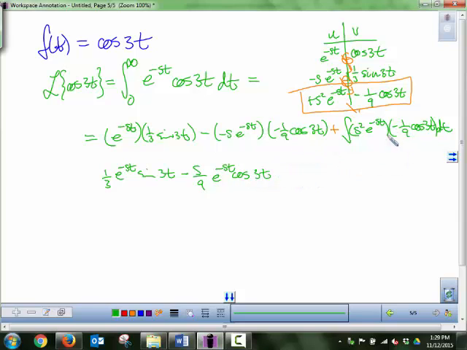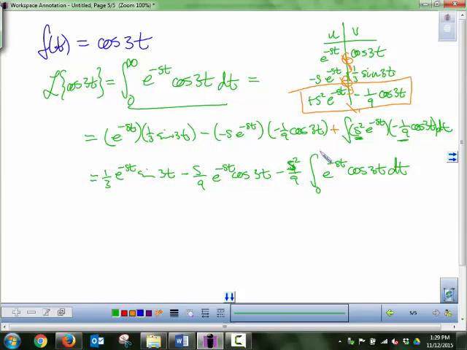And now I'm interested in taking out all the constants that are available here. So I have a negative 1/9, and I have an s squared here as well. So after I take out the s squared and a negative 1/9, I would just have e to the negative st cosine 3t dt. Now guess what? That's what this whole thing is equal to.